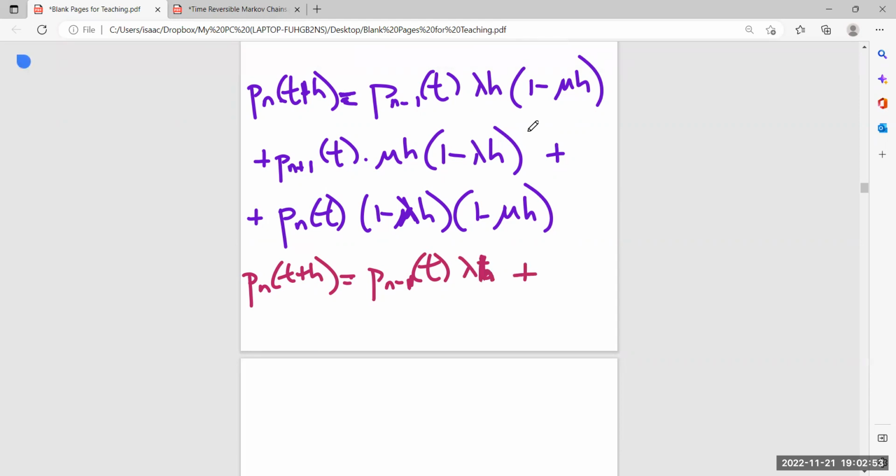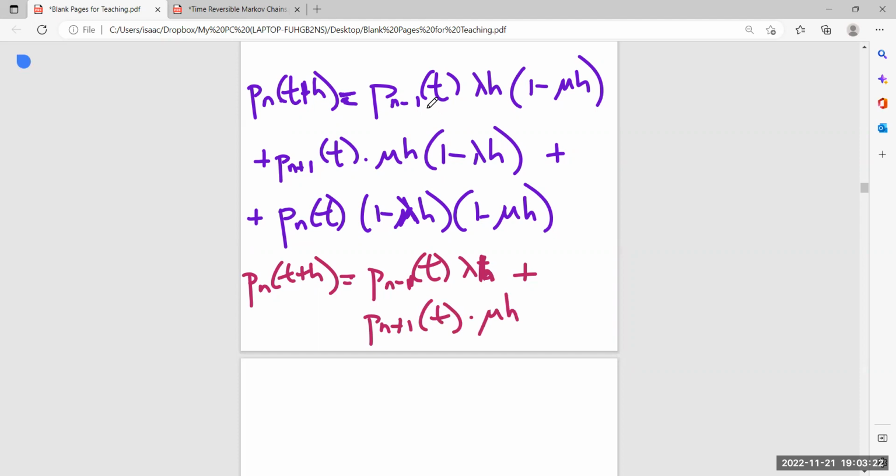Plus the other term now, this line here, I can multiply this by 1, but I can't multiply this by this because then that term would be h squared. That would be o(h), so that will be 0. So now I will have Pn+1(t) times mu h.